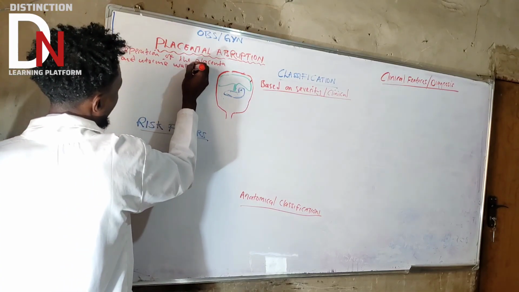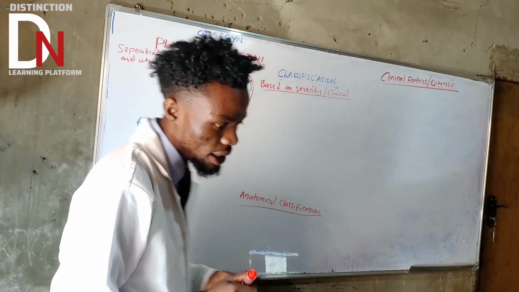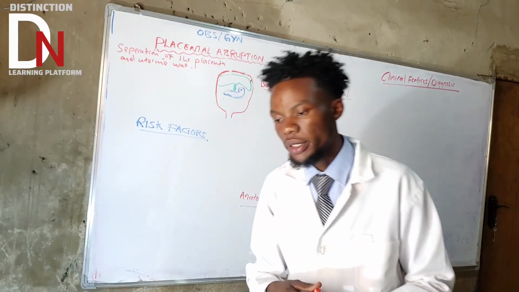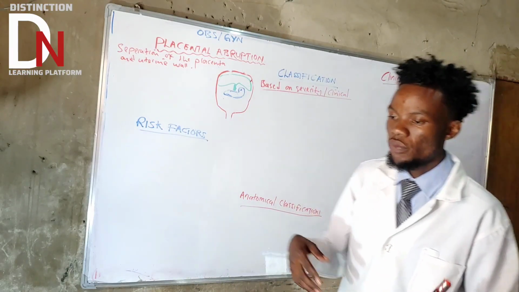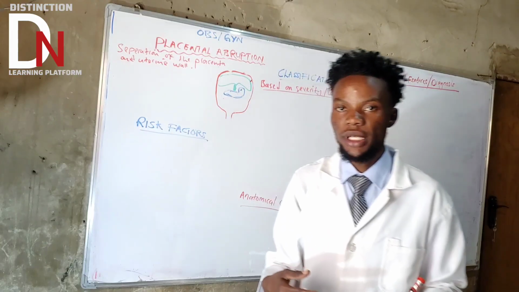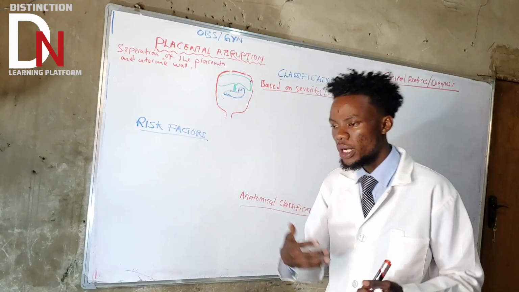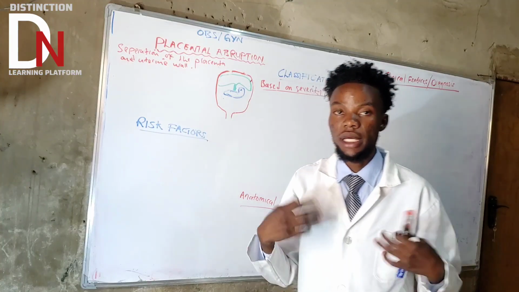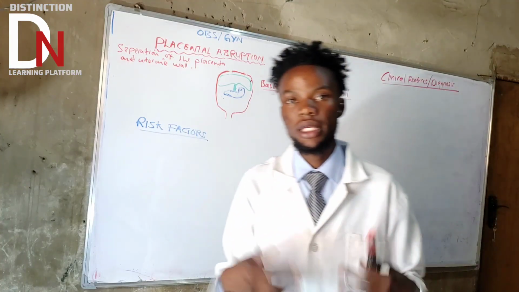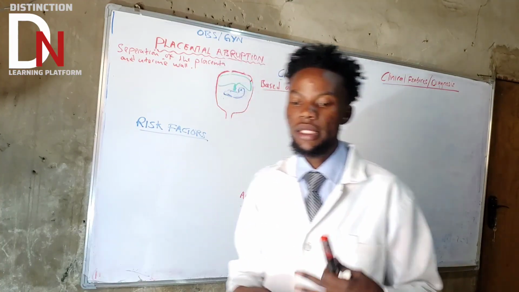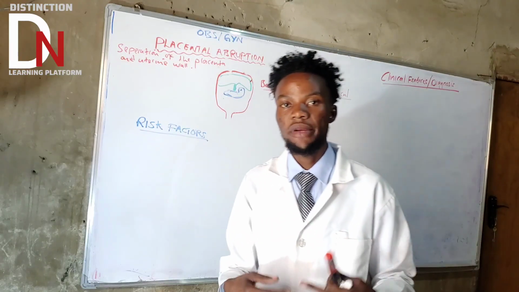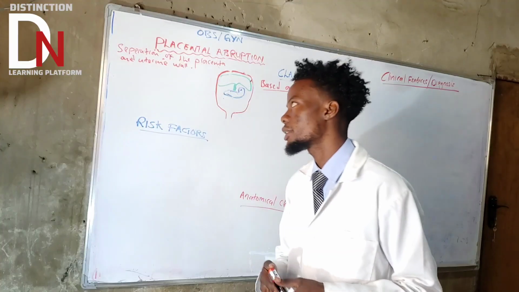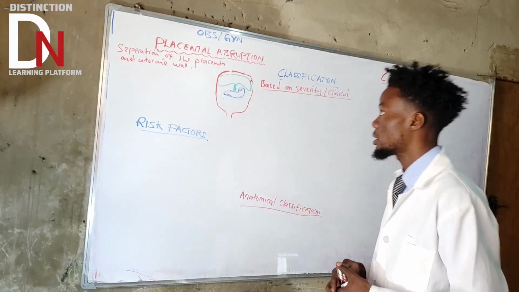If there's that separation, then that is abruptio placenta. It has to be premature separation. Since this is one of the causes of antepartum hemorrhage, it mostly occurs after the age of viability, which is greater than 28 weeks. Remember that the age of viability can differ. Others consider it as low as 24, others much lower, as 20 weeks gestation.